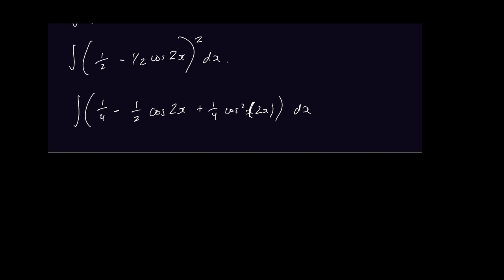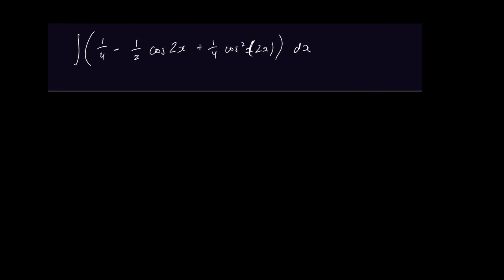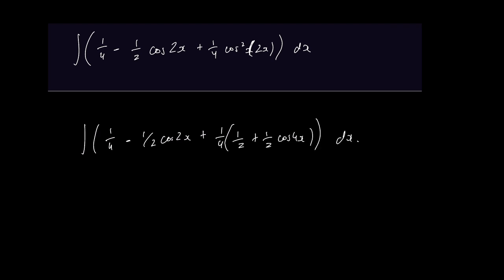Okay, and from here we're then going to say, okay, we've got a quarter, that's a half cos 2x. Okay, if we take out a quarter here now, we can get a half plus a half cos 4x, right? Why is that so?